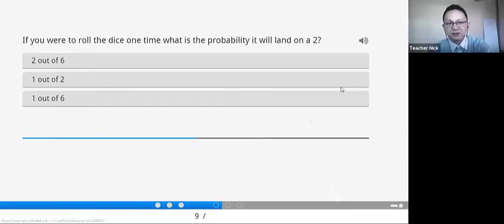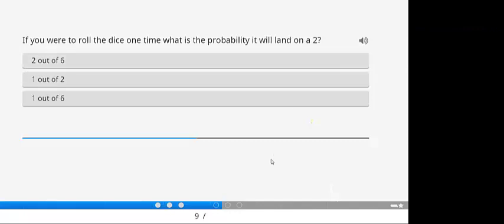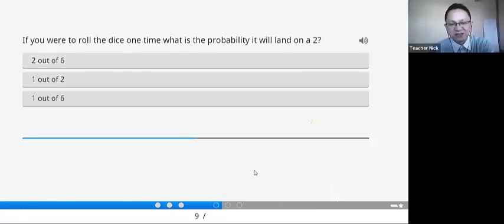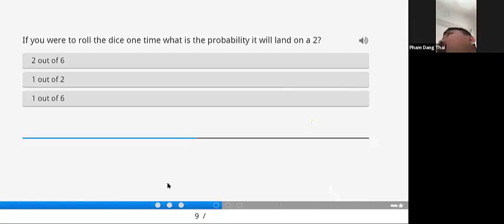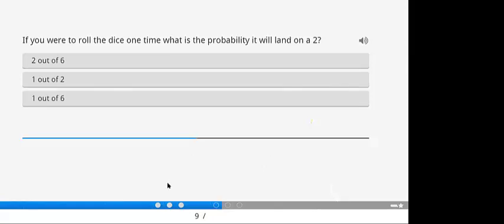If you were to roll the dice 1 time, what is the probability it will land on a 2? Is it 2 out of 6? 1 out of 6. Why? Because a die has 6 sides: 1, 2, 3, 4, 5, 6.